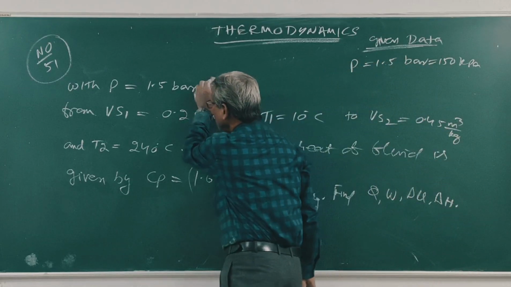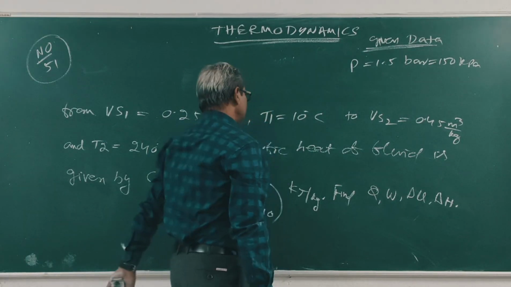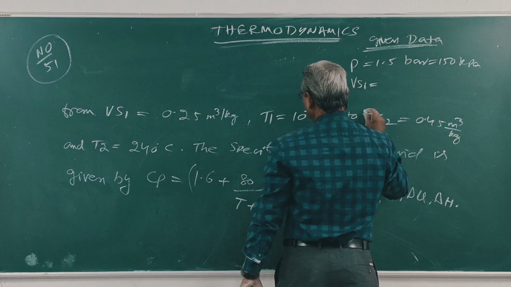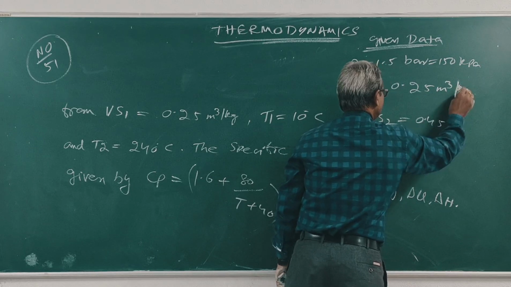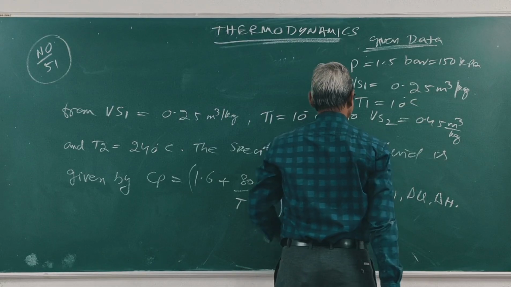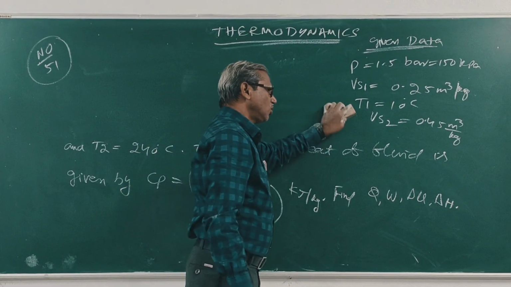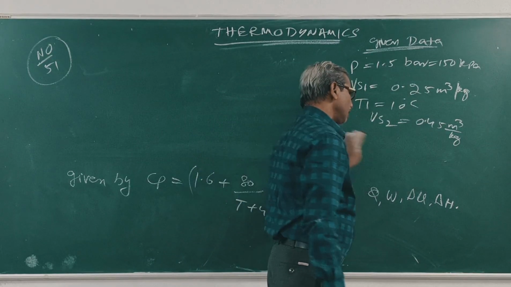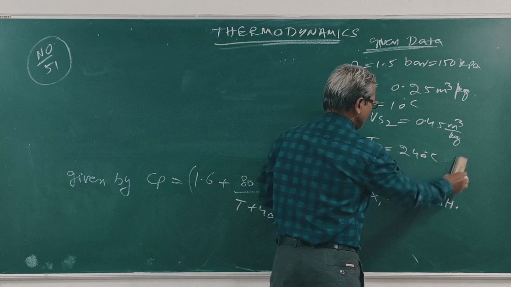P is pressure. Specific volume v1 is equal to 0.25 meter cube per kg. T1 is equal to 10 degree centigrade. Clear? v2 is 0.45 meter cube per kg, T2 is 240 degree centigrade. Right?